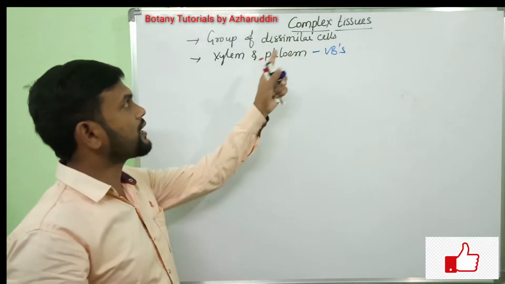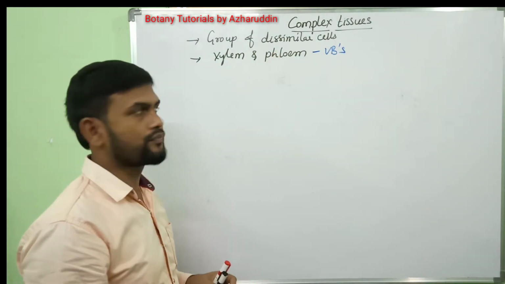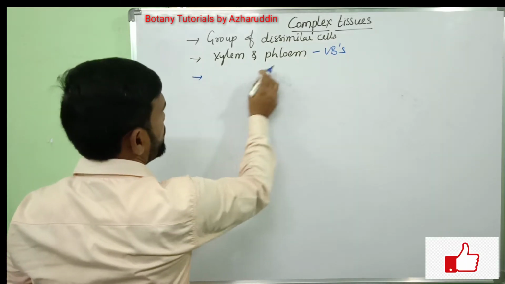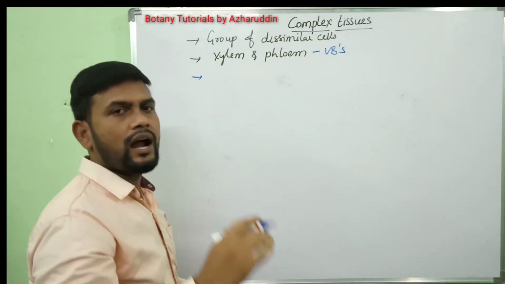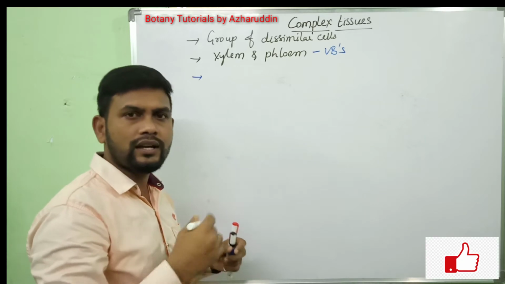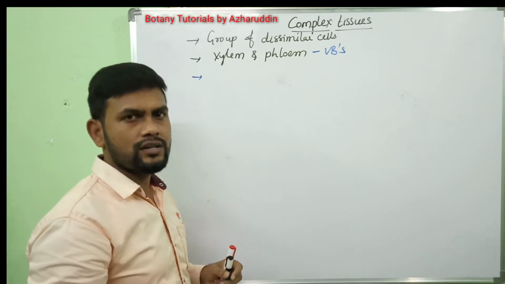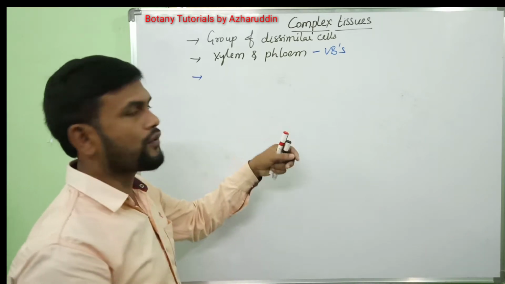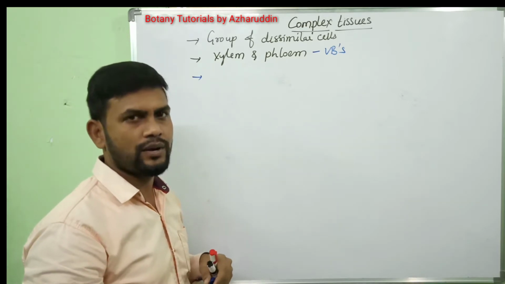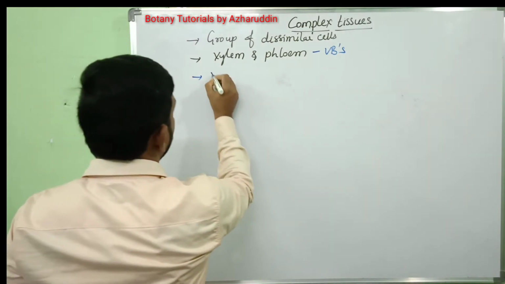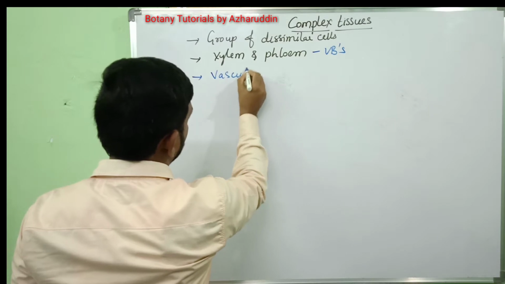That's why they are called vascular tissues. They conduct water, mineral salts and food materials from one place to another place of the plant body.